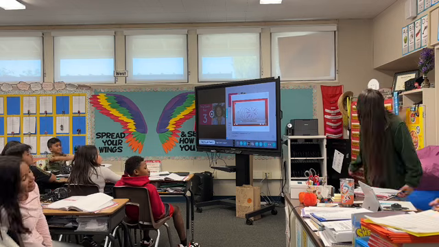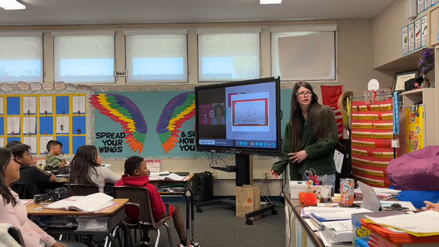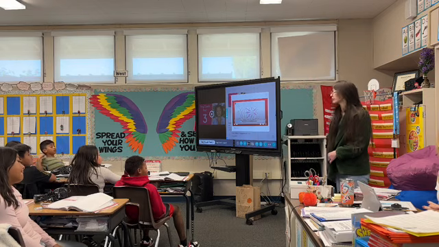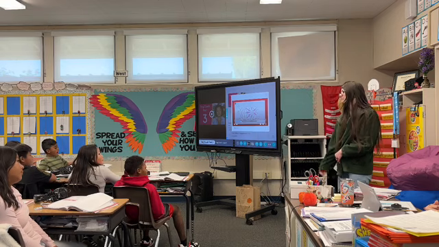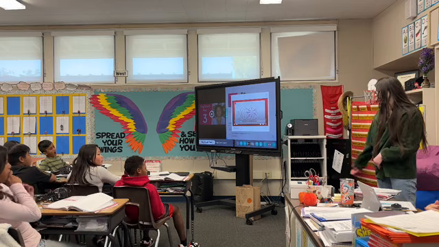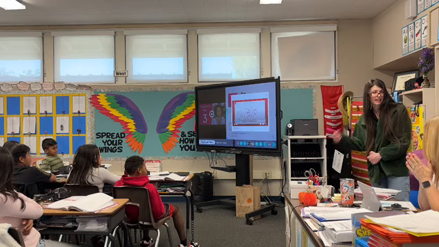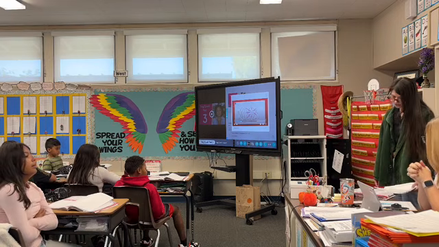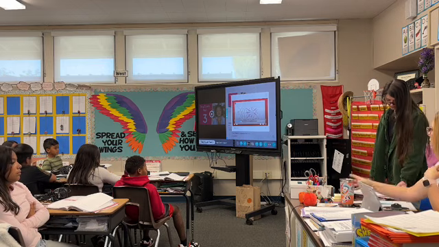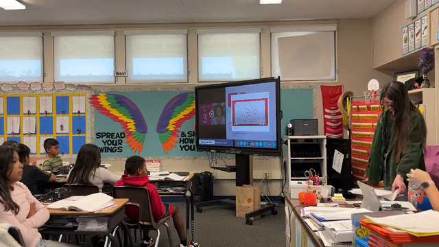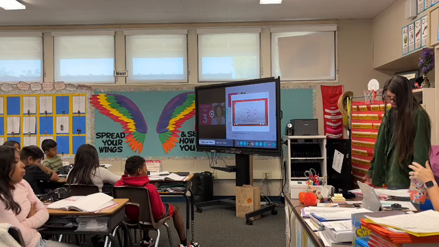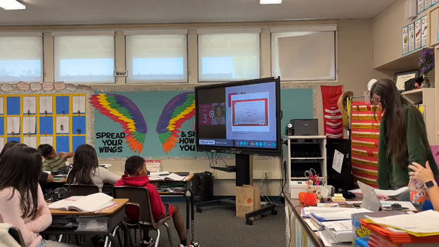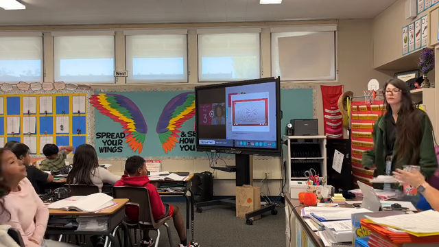And if you want to use a model, don't just say it shows that it cycles. That gives you your claim, but it doesn't really state how or why. You could say something like, when an animal eats a plant, it gets matter from the plant. When a different animal eats that animal, it gets matter from that.